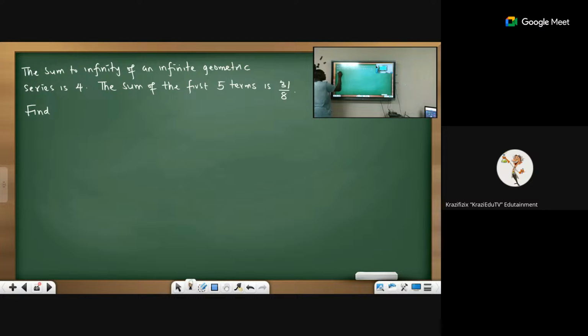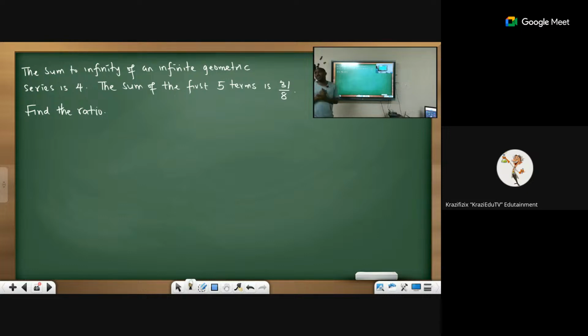Find the ratio. What's important, guys, is to convert the statement into mathematics. The sum to infinity of an infinite geometric series is 4. The sum of the first 5 terms is 31/8. Find the common ratio.